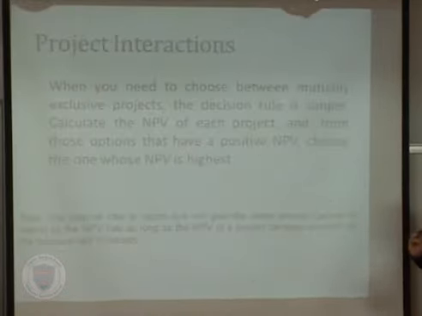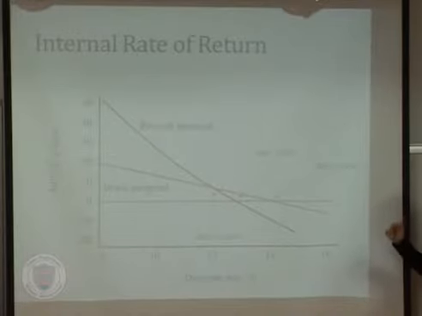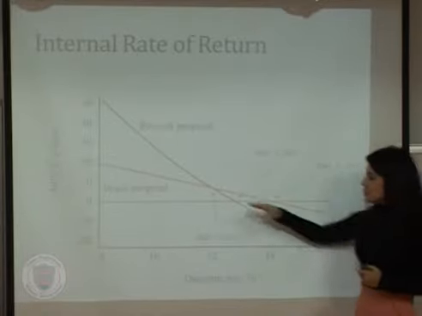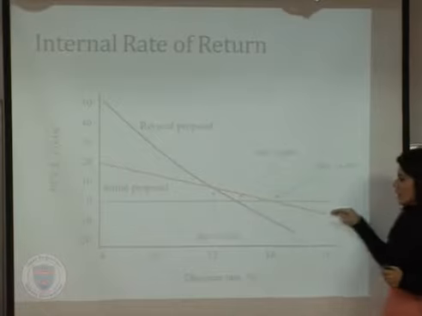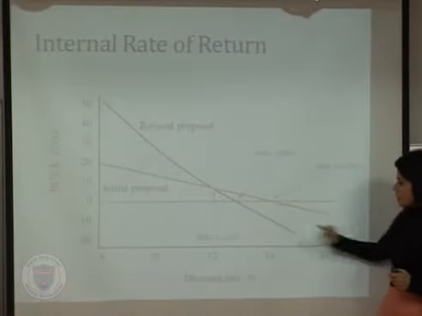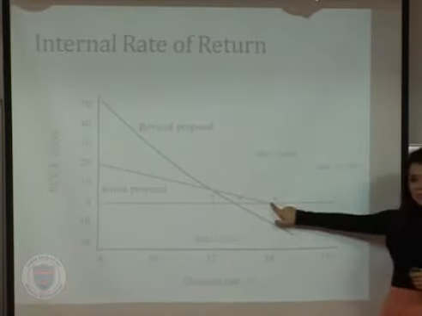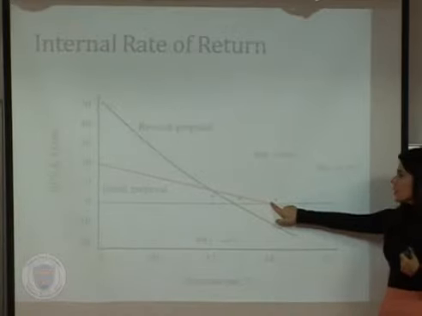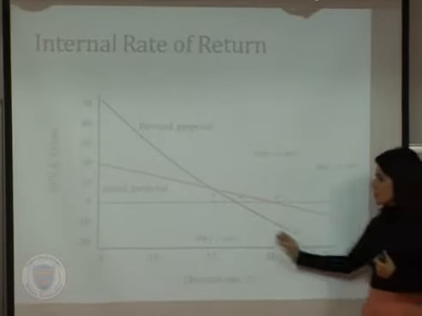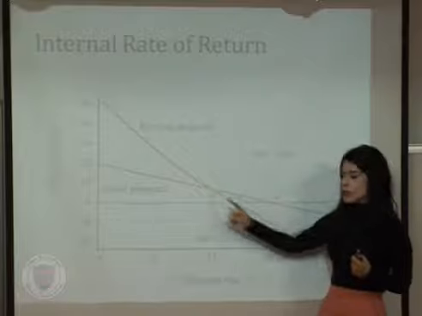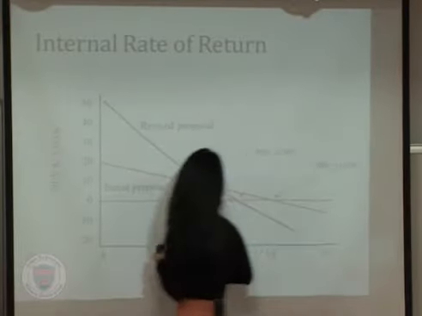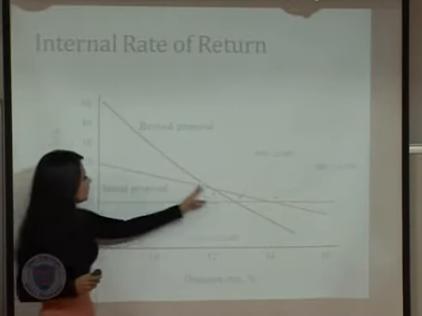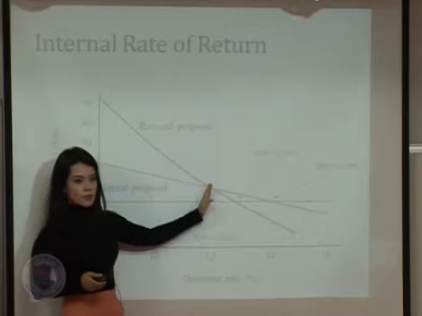If you look at the NPV profiles, for the initial proposal, this is the NPV profile you have, and IRR was around 14% from the table. For the revised proposal, IRR is 13%. So as you can see, when you're here, the revised proposal looks better.